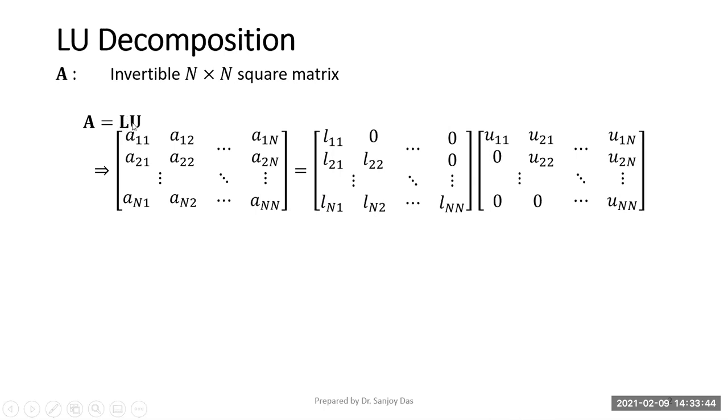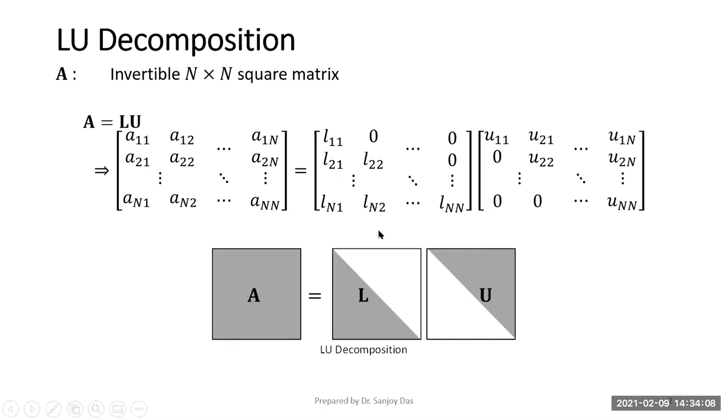That's why this is a lower triangular matrix. And the second factor here is U. The diagonal and the upper diagonal elements of this matrix U are not all zero, but the lower triangular elements of this matrix are all zeros.